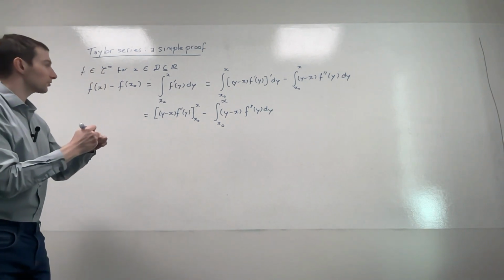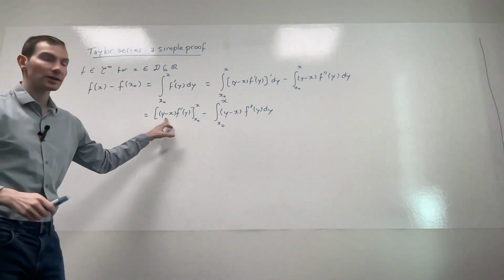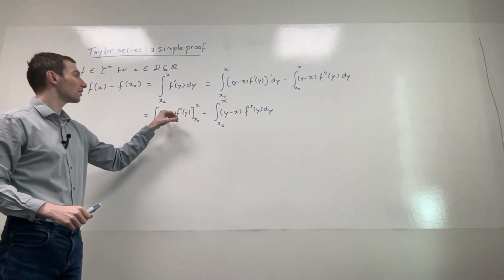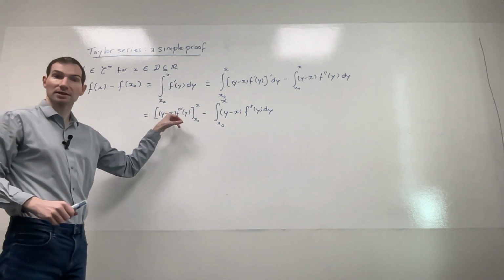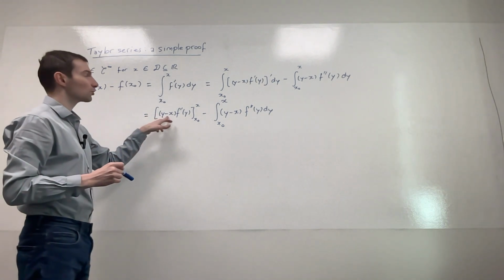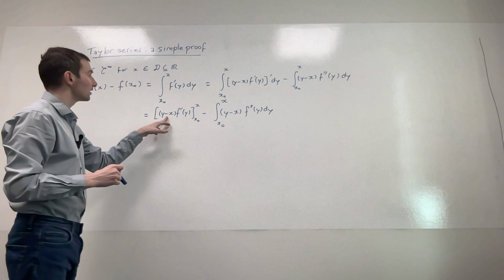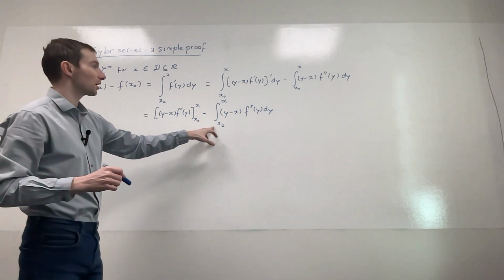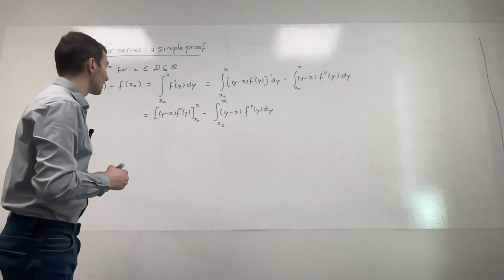Now if I evaluate that, when y is equal to x, that's x minus x, so that's giving 0. And then what I'm getting is minus x naught minus x, okay? Minus x naught minus x, f prime of x naught, and then minus that part here, okay?